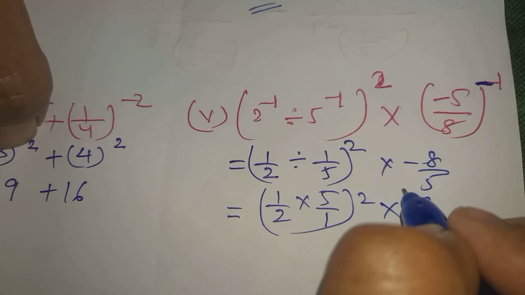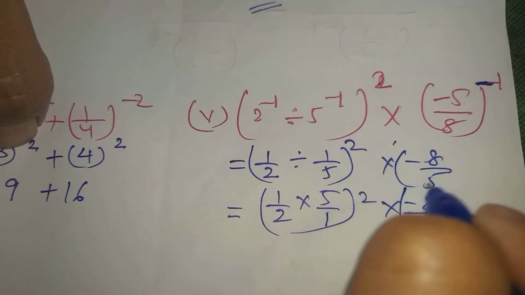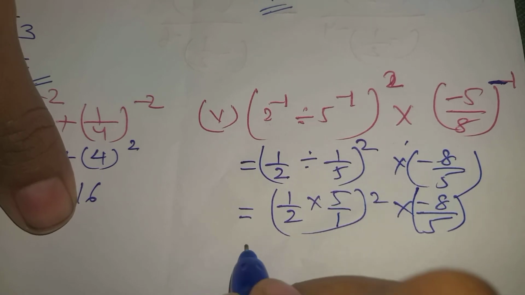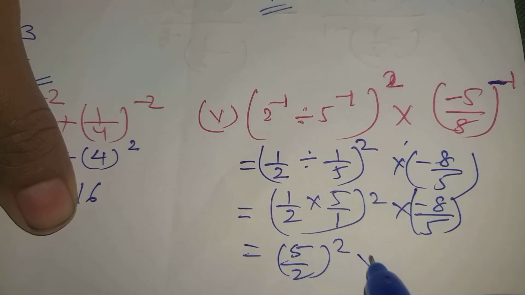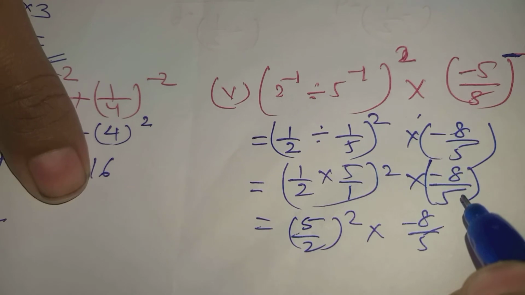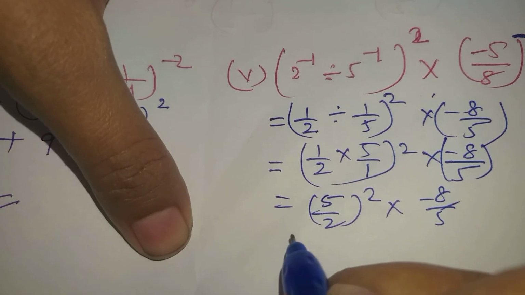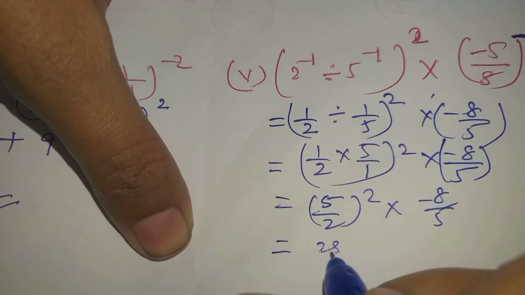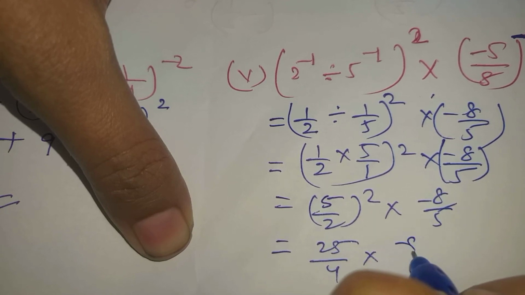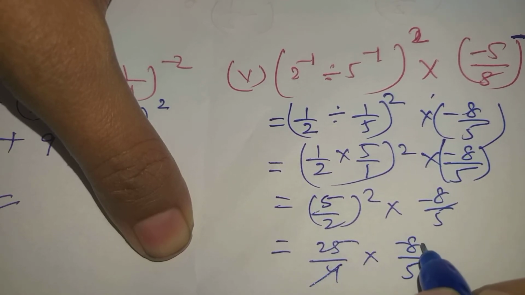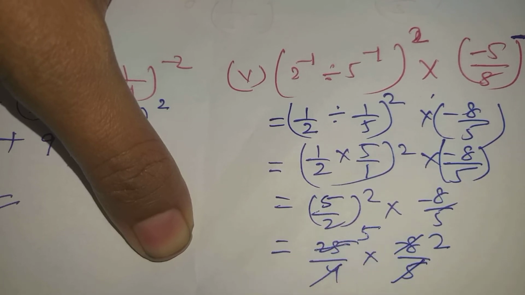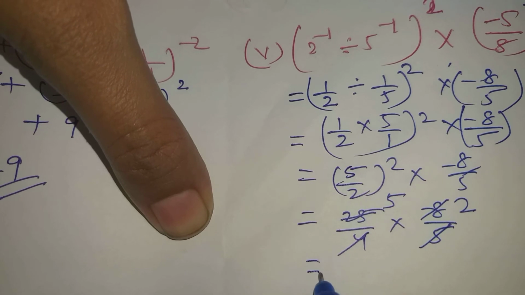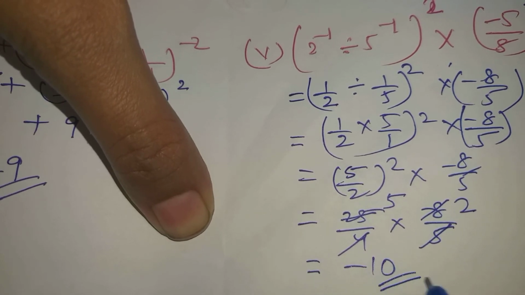You may write the bracket here also; if you don't want, you need not write it. Now it will be 5 by 2 square into minus 8 by 5. Then 5 by 2 square will be 25 by 4 into minus 8 by 5. Then 4 twos are 8 and 5 fives are 25. Then 5 into minus 2, so your result will be minus 10.